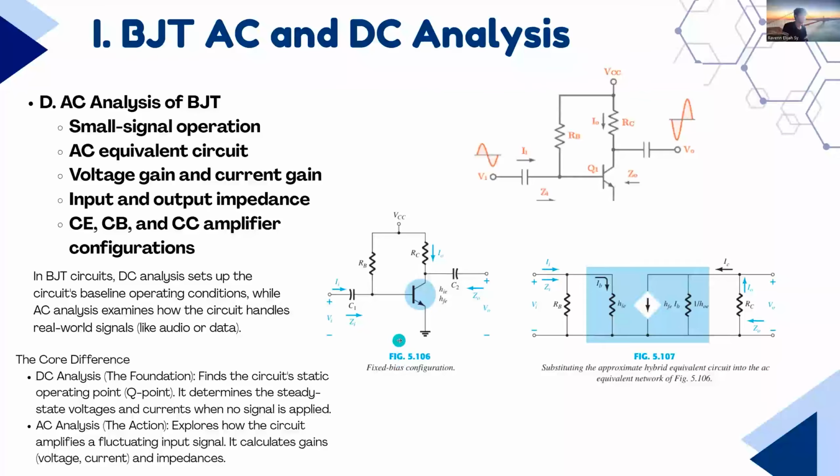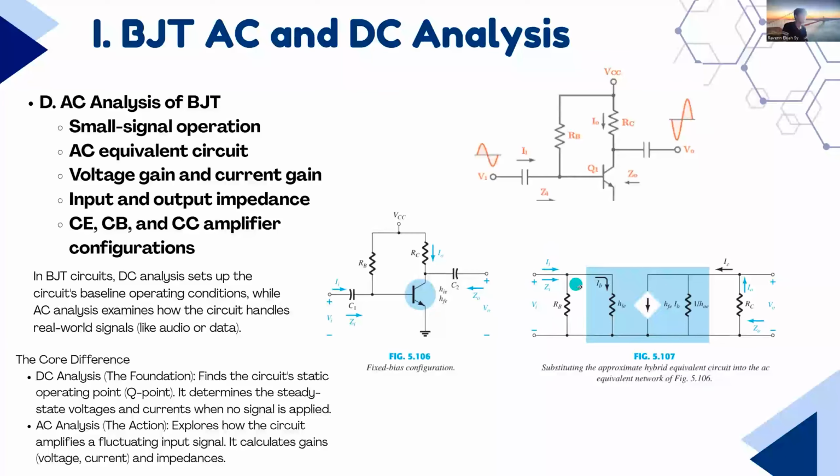So you'll transpose or convert it into its AC equivalent circuit. This is the AC equivalent circuit. All the DC sources will be grounded, and then the arrow will be pointing to the ground. This is the ground.